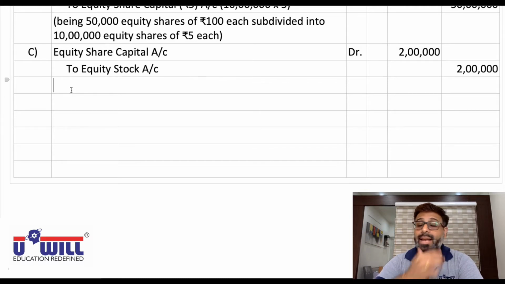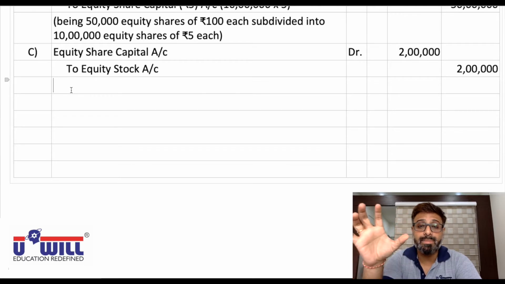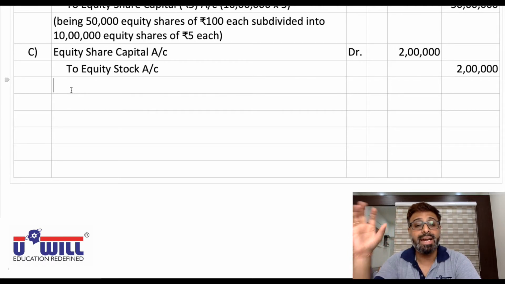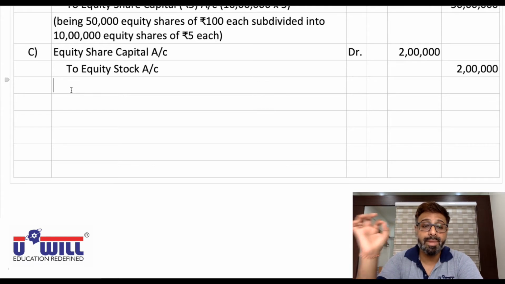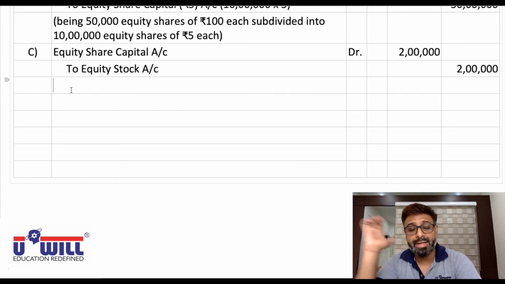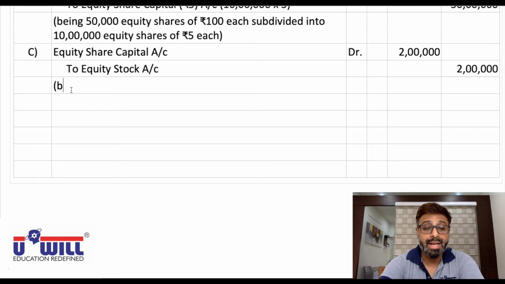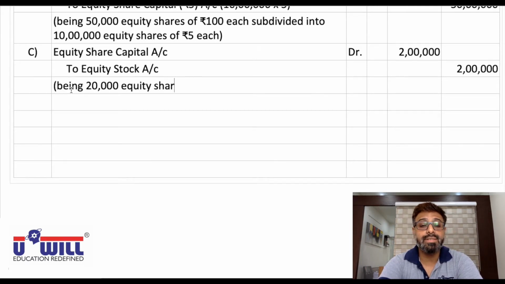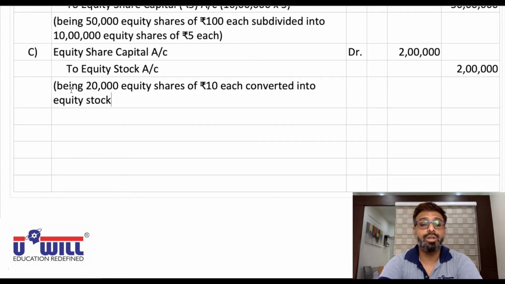Now in the balance sheet, earlier we used to write 20,000 equity shares of 10 each. Now we'll simply write equity stock, and directly in the amount column rupees 2 lakh. Being 20,000 equity shares of rupees 10 each converted into equity stock.